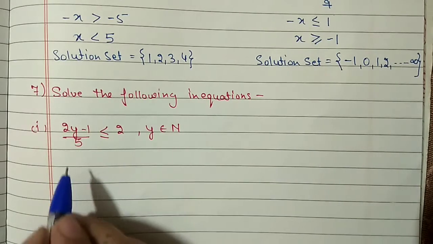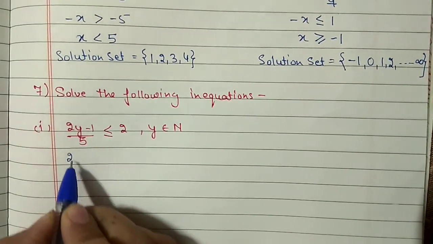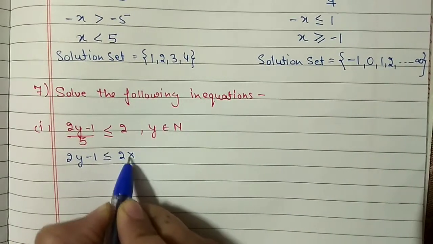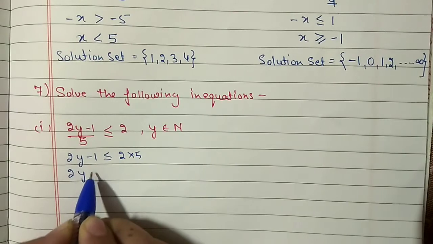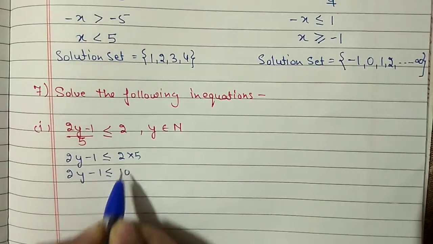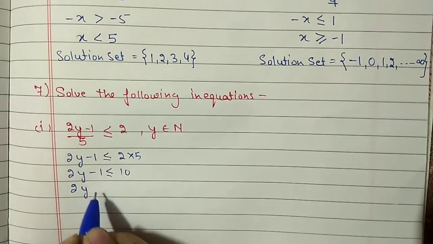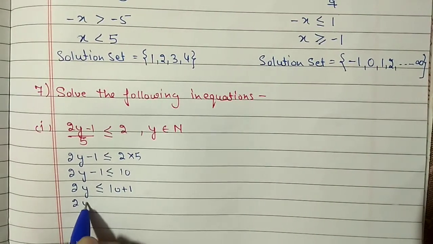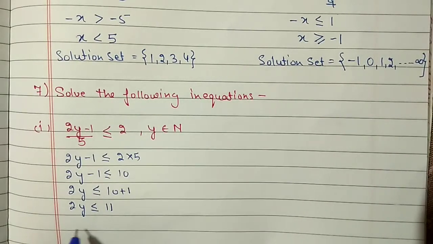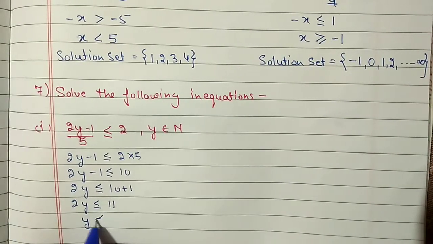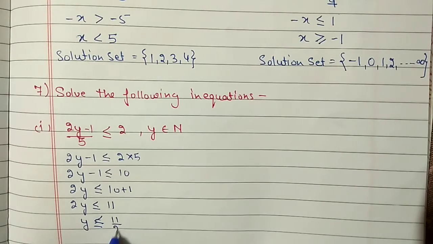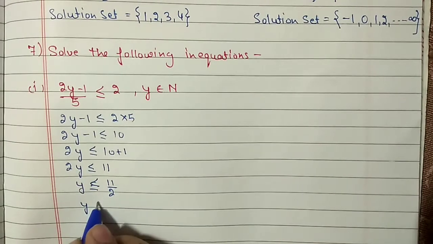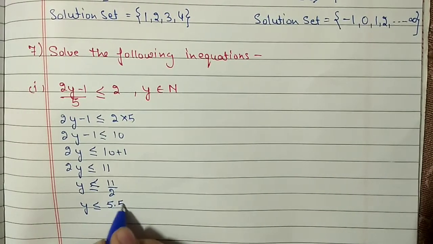So first we will simplify this 5, we can shift another side, so it will become 2y minus 1 less than equal to 2 into 5. 2y minus 1 less than equal to 10 and 2y less than equal to 10 plus 1 it will become 11. 2y less than equal to 11 or y is less than equal to 11 by 2. 11 by 2 means 5.5. So y less than equal to 5.5.